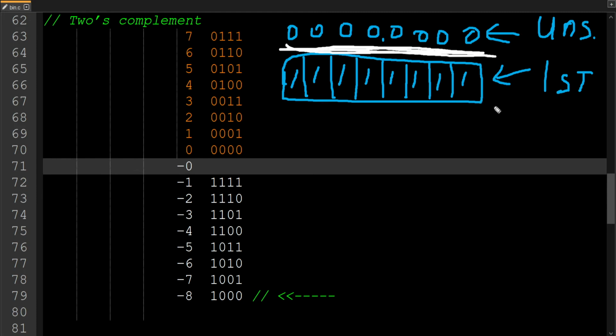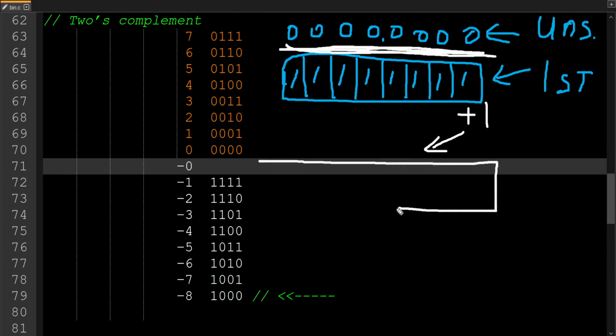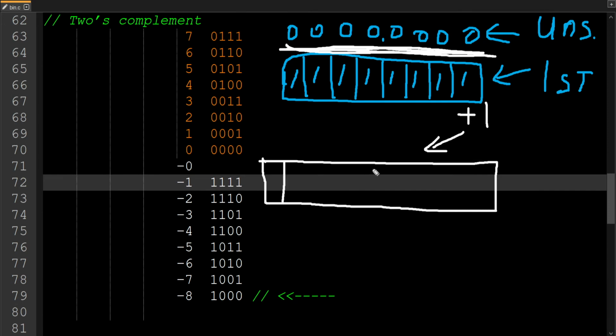So people thought, okay, let's add +1, and if you add +1 to an 8-bit character, it overflows. So it will be like this, another 8-bit with some overflow. So this is our 8 bits.